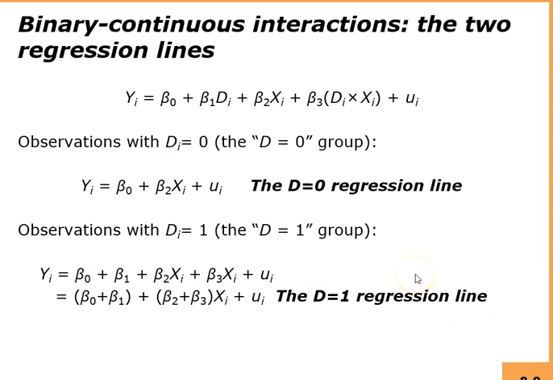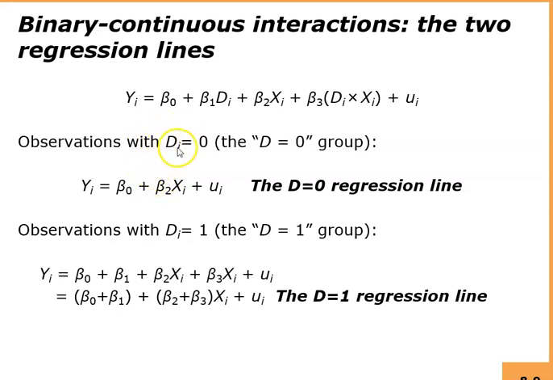With this sort of interaction term, where one of the variables is continuous and the other is binary, you will end up with 2 separate equations for the 2 categories of D. Let's see what I mean by this.